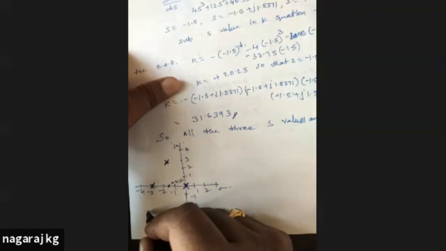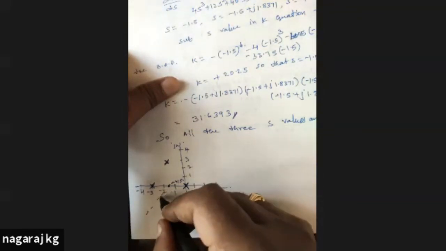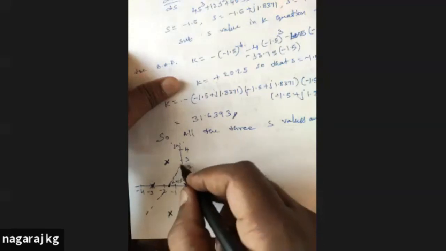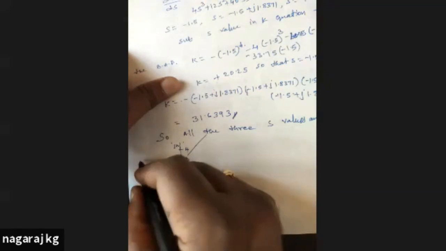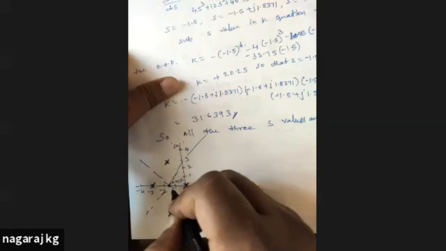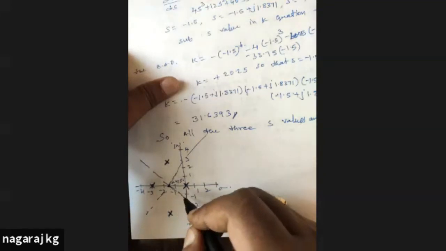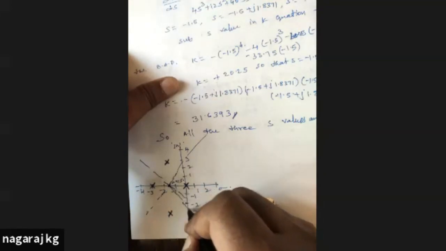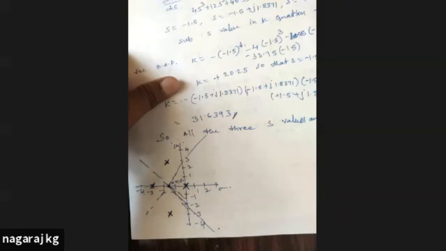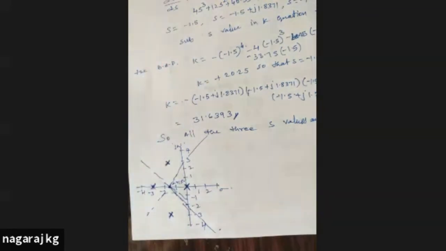So when you draw the asymptotes, roughly, you'll get it like this.